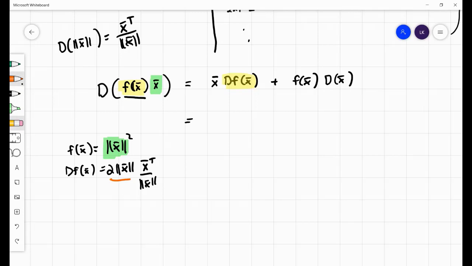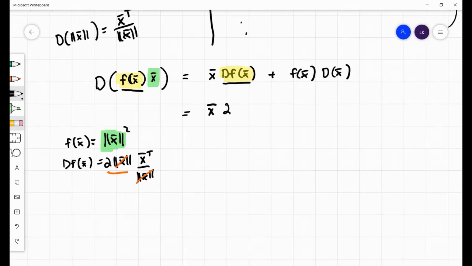So it'll turn out that the magnitude of x is canceled, and you'll get x times the derivative of f, which is 2 times x transpose, plus we left f alone, and the derivative of x with respect to x essentially is identity.